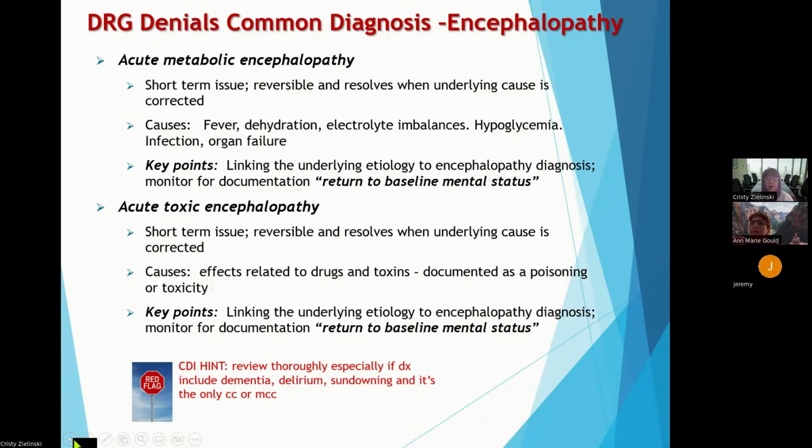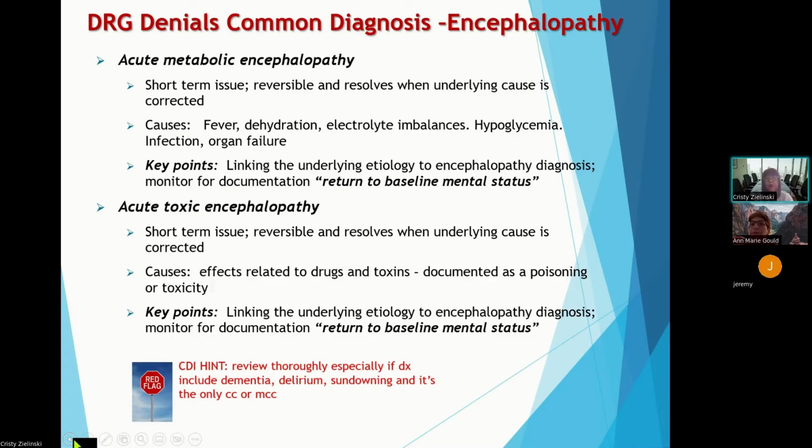Okay. So let me just add, return to baseline mental status. The doctor usually does not document that, but you could see their documentation of more alert, or alert and oriented x3 or x2. And you could see that also in the nurse's notes. It's nice if they could document return to baseline mental status, but not necessarily that verbiage.